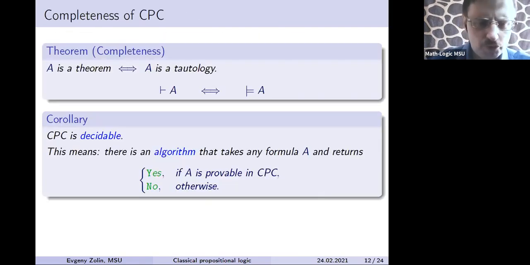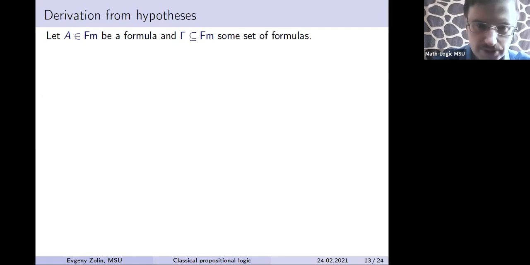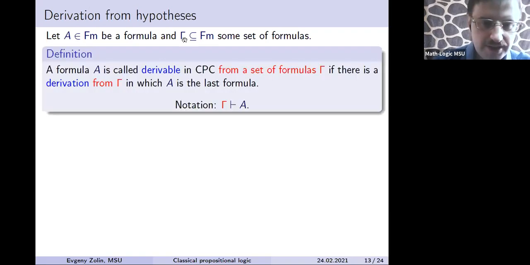Derivation of a single formula is not very interesting. A more interesting task is to derive some formula from a set of assumptions or hypotheses. So if we have a formula A and a set of formulas gamma, then we similarly introduce the notion: a formula is derivable from a set of formulas gamma if it has a derivation. So red pieces are new. All other stuff is the same.